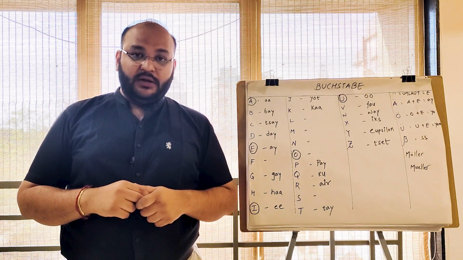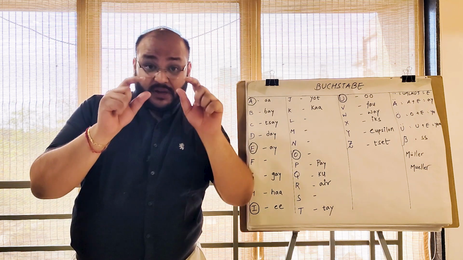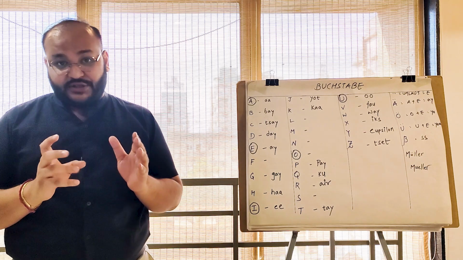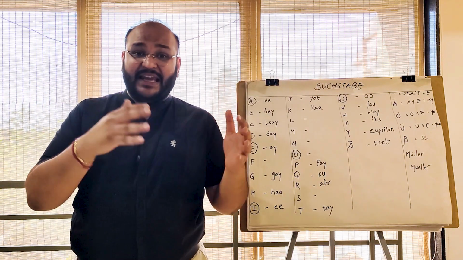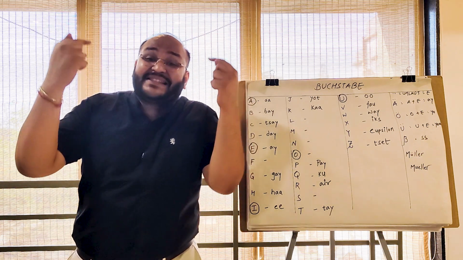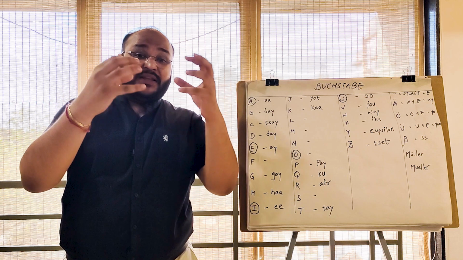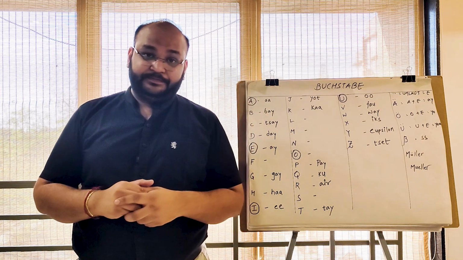Once again, and this is very crucial, so please pay attention: first is the pronunciation of the letters when they are standing alone, and the second is the pronunciation of the same letters when they are joined and form a word.